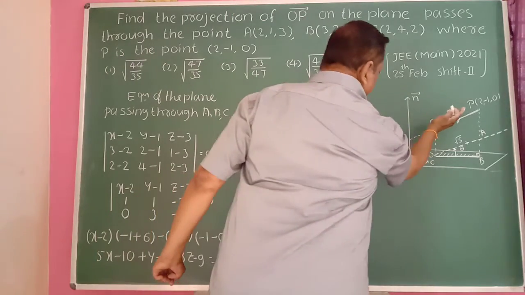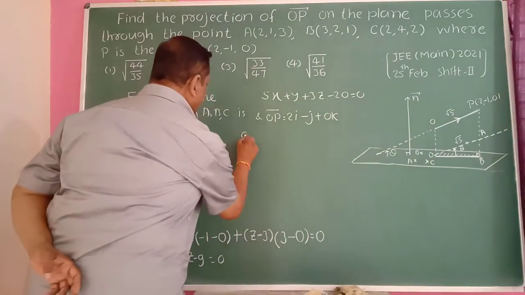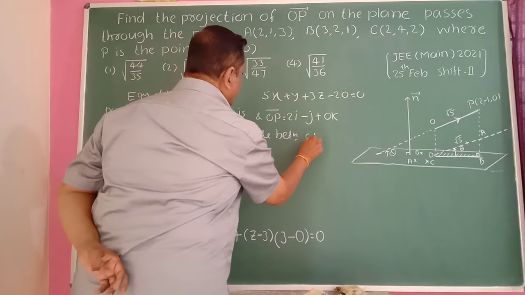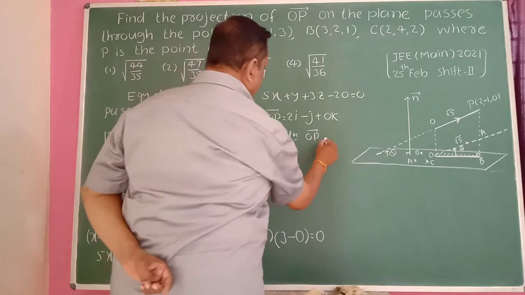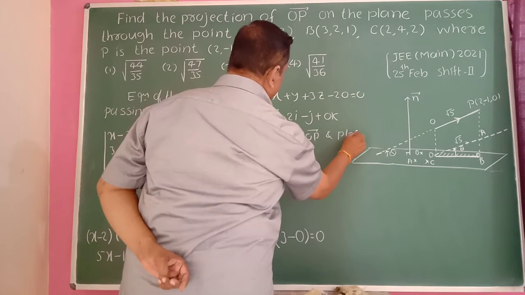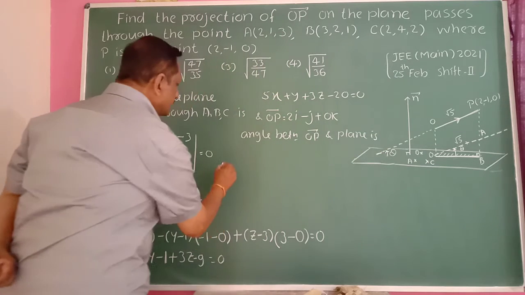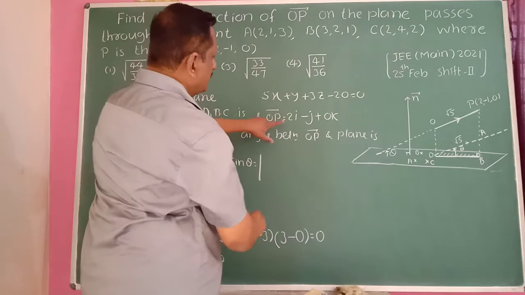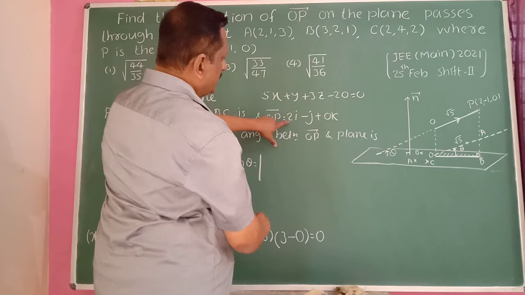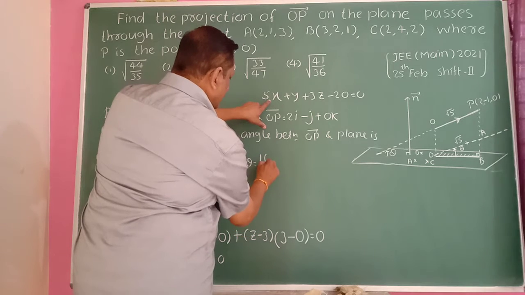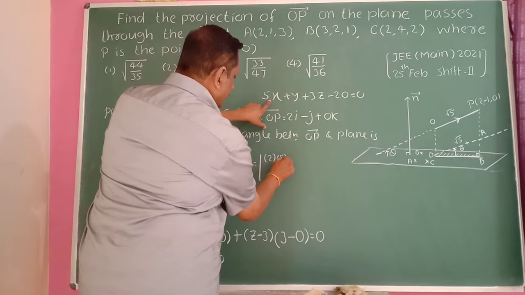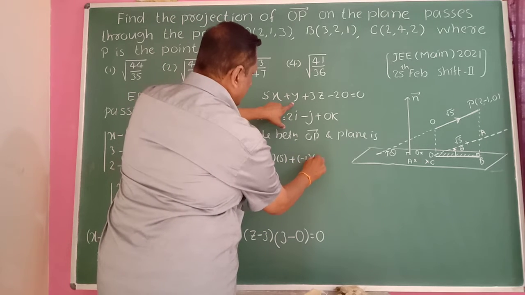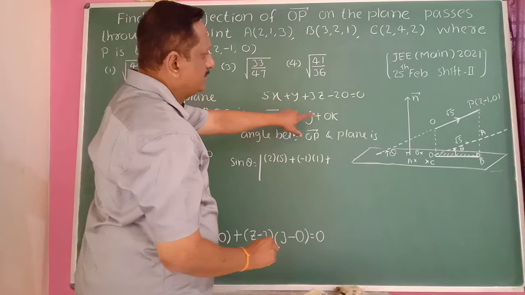The angle between the vector, meaning the line OP bar, and the plane is given by sine theta equal to the modulus of 2 into 5 plus minus 1 into 1 plus 0 into 3.